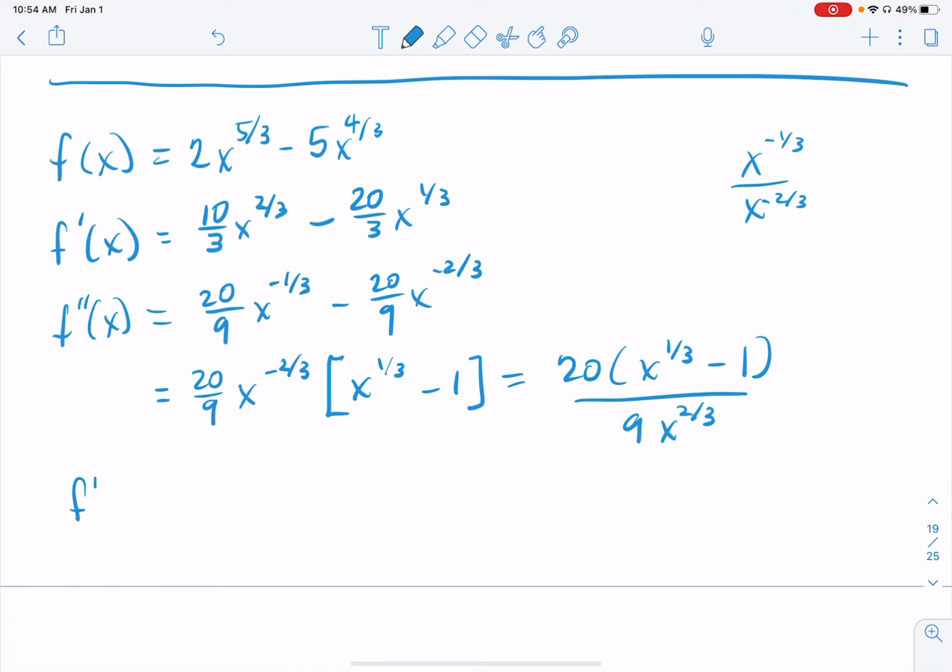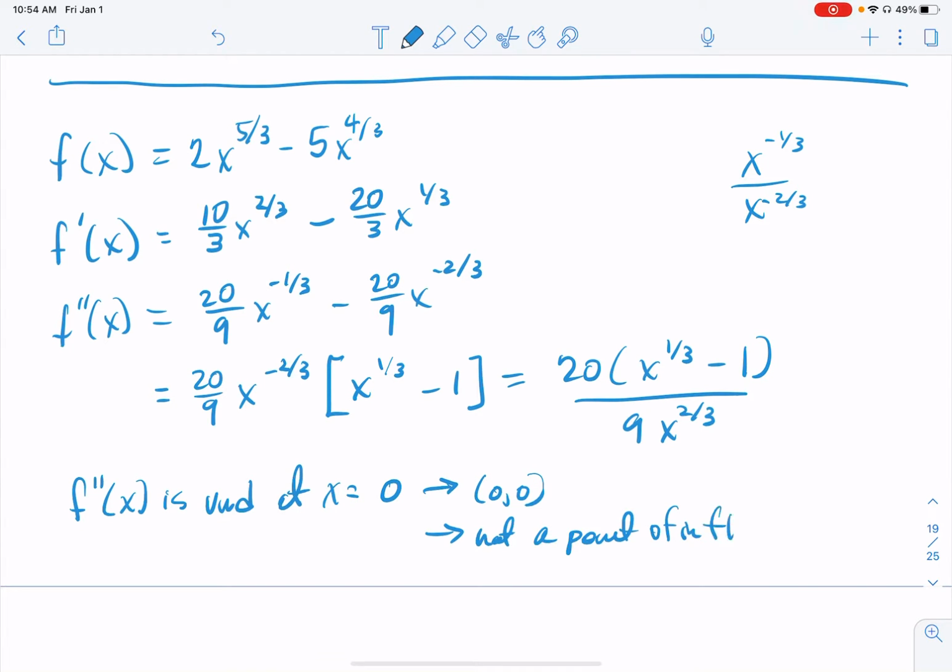So f double prime of x is undefined when x is equal to 0. And you know what? That's 0, 0. But we already know that this is a relative maximum, so this one is not going to be a point of inflection.